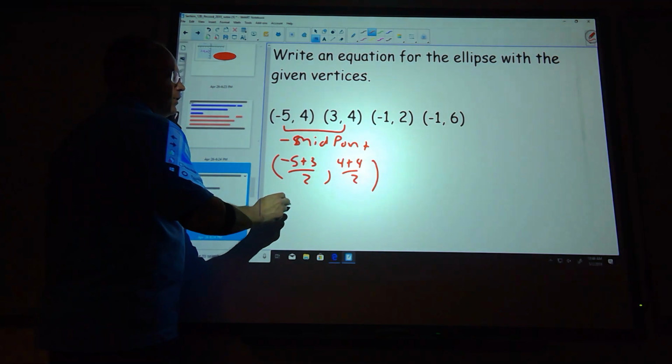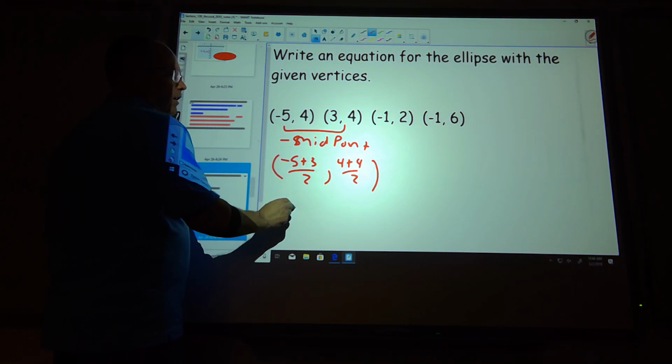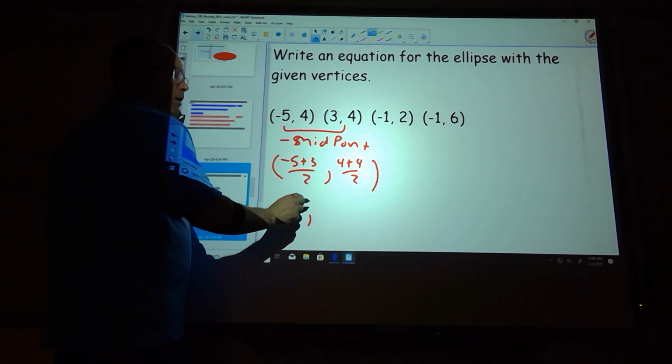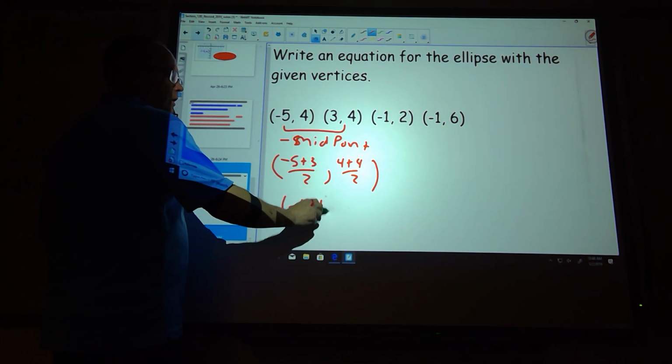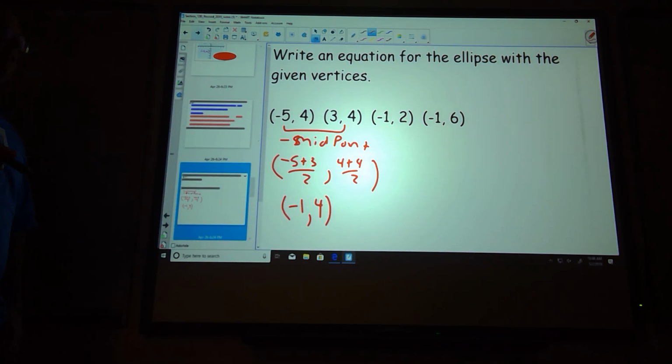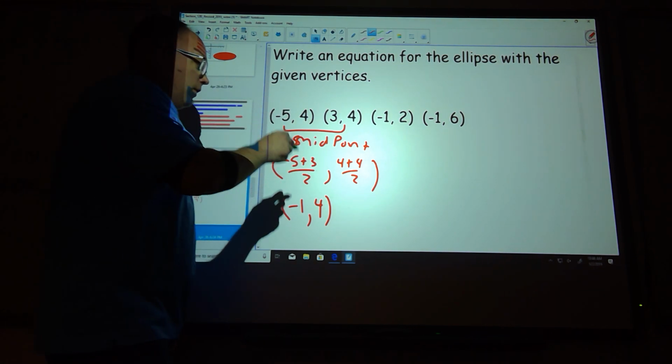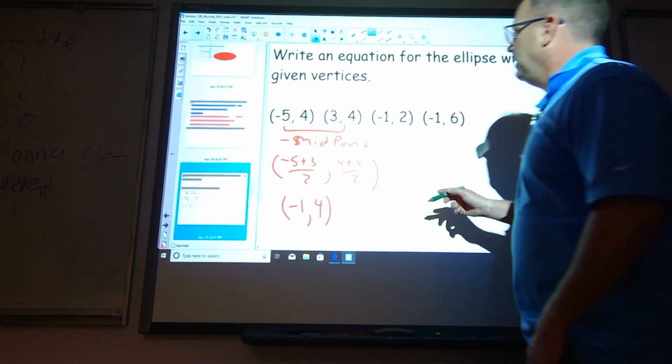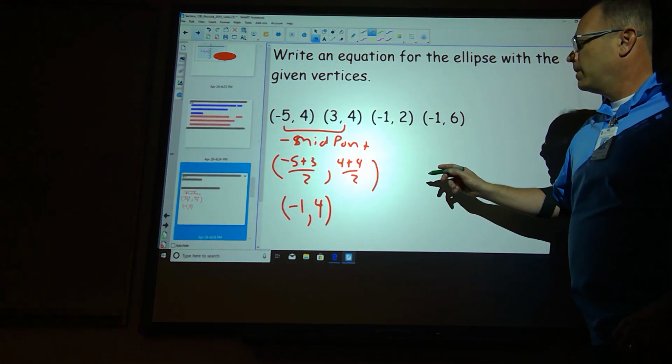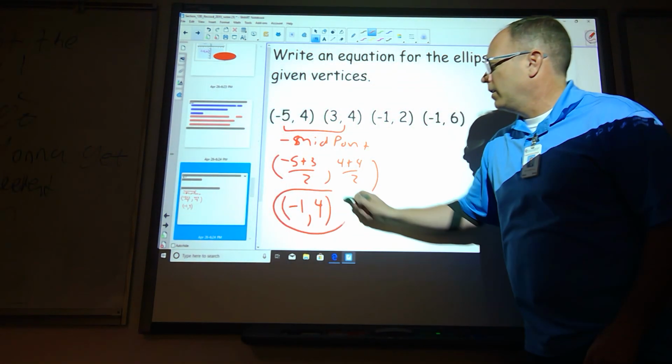So the midpoint of this is going to be at negative 1, comma 8 over 2 is 4. So that's going to be basically the center. If I did the same thing over here, I'm going to come up with the exact same idea. So this is my new center.